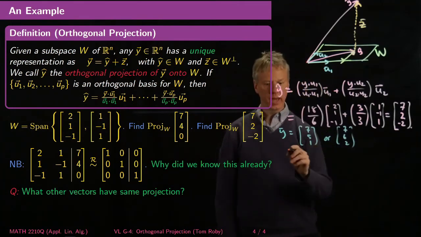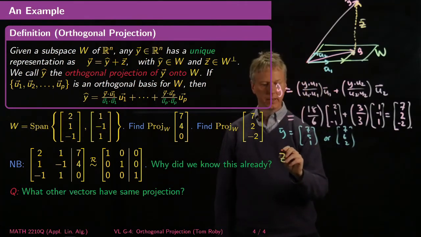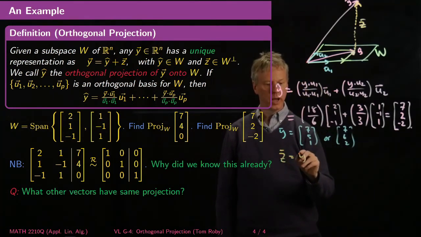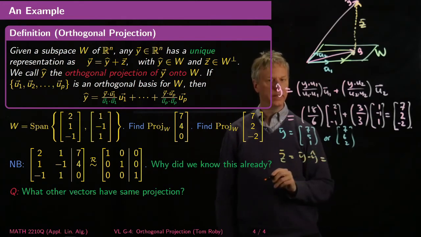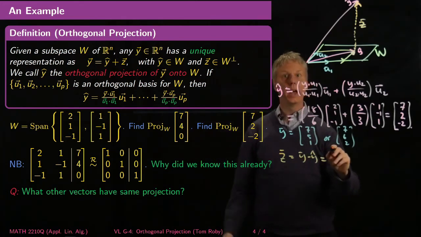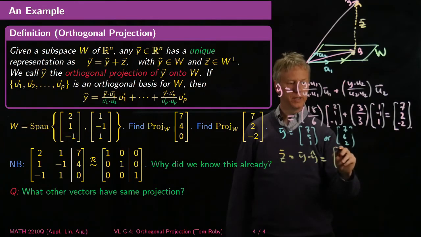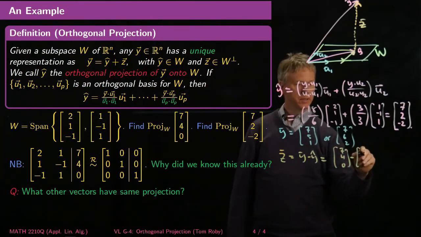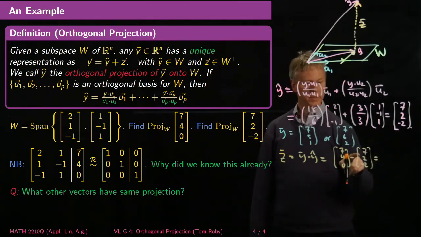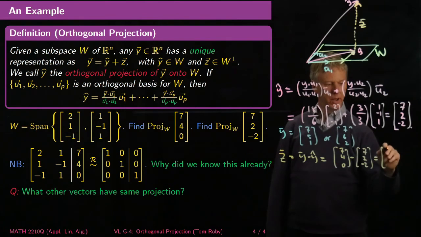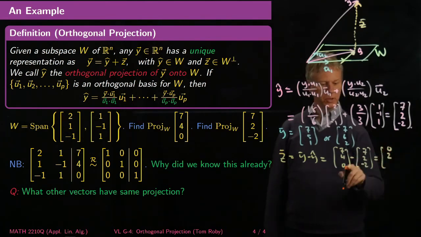So let's compute that. Well, z is the vector y minus y hat. And so y minus y hat, let's just take the first one, it's 7, 4, 0 minus 7, 2, minus 2. And so that's 0. 4 minus 2 is 2. 0 minus minus 2 is 2.